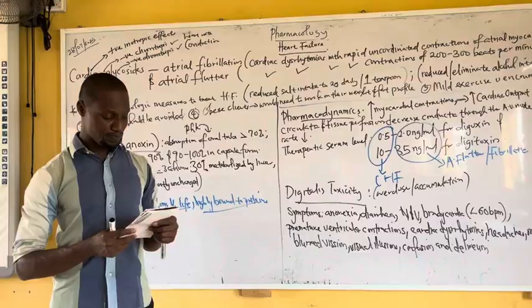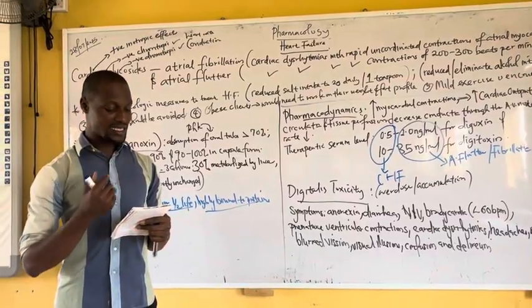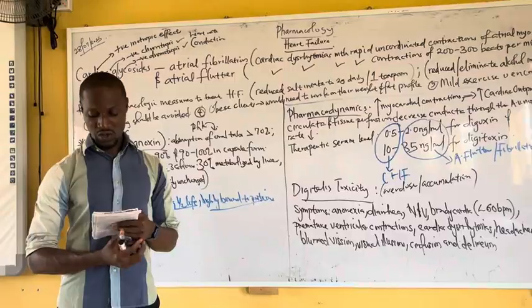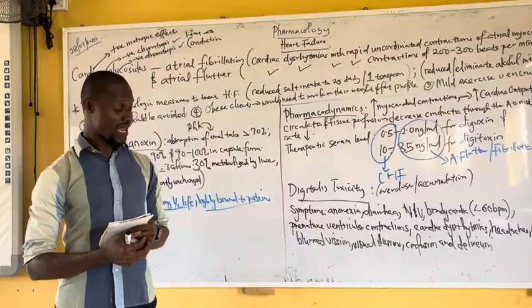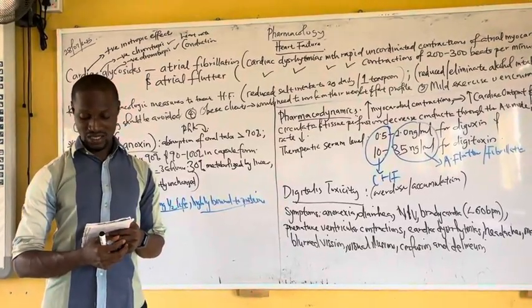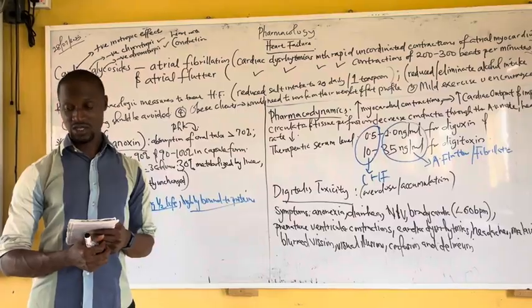So note, the antidysrhythmics phenytoin and lidocaine are effective in treating digoxin-induced ventricular dysrhythmias.